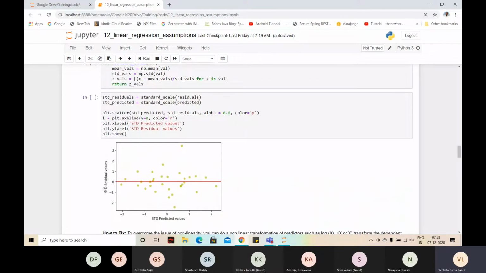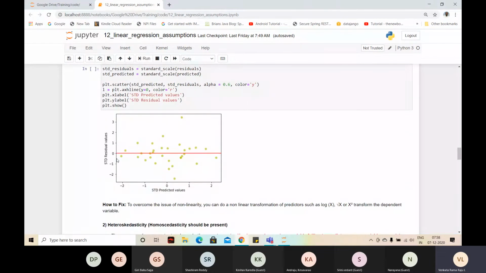So I standardized the error and the predicted values. If you look at the error, within one standard deviation, most of the data is there.